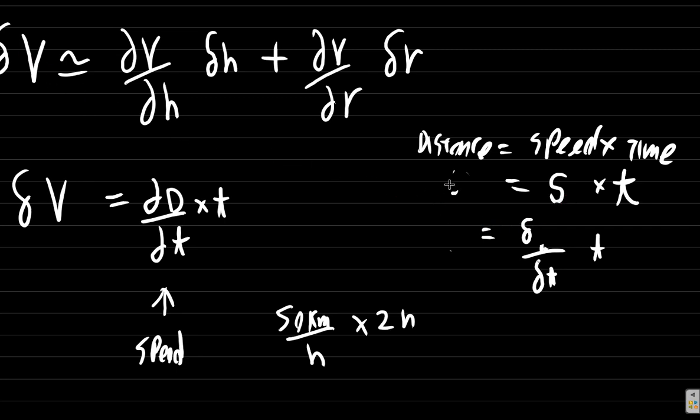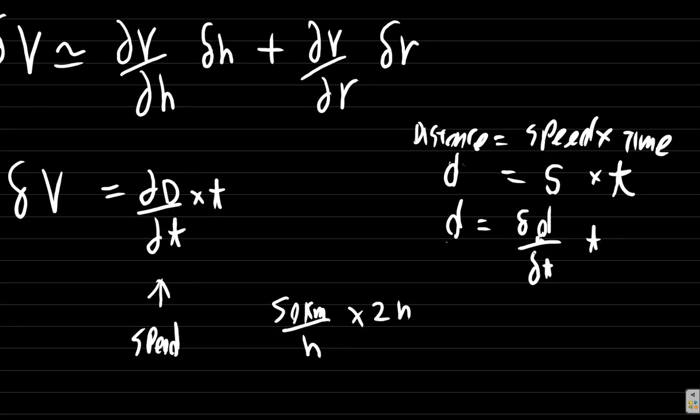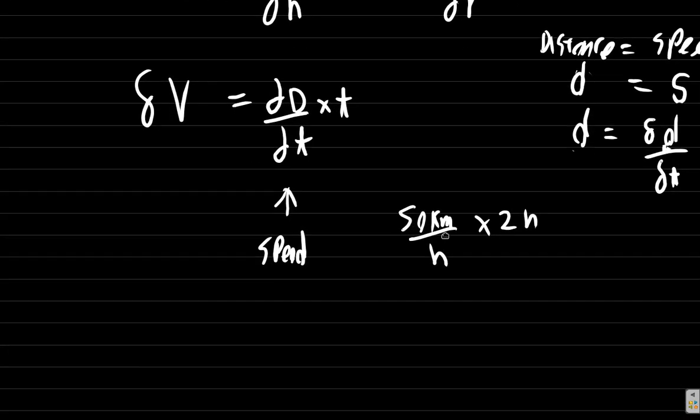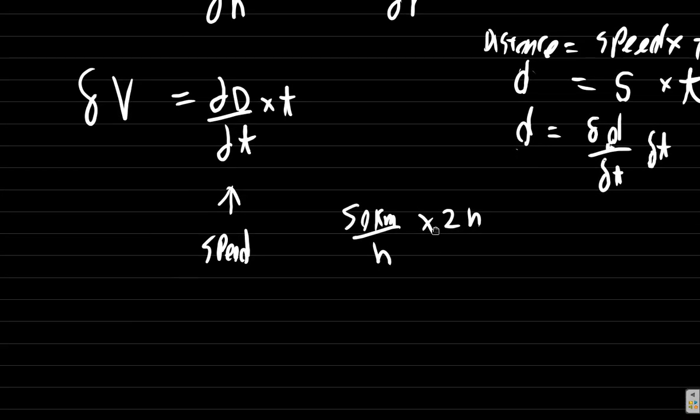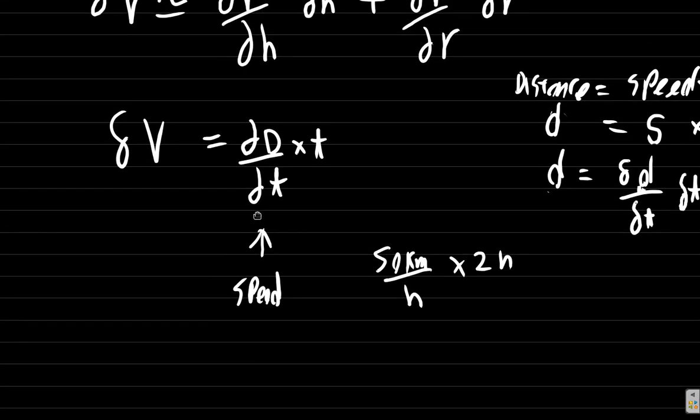So d, distance is changing distance over changing time, times time. This is a small change in time, but we consider it as 1 hour. It doesn't really matter for the purpose of this discussion.